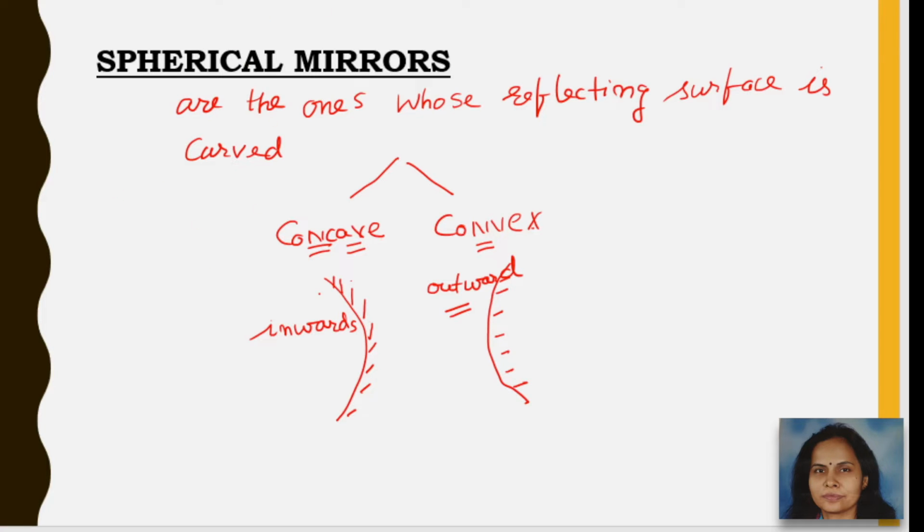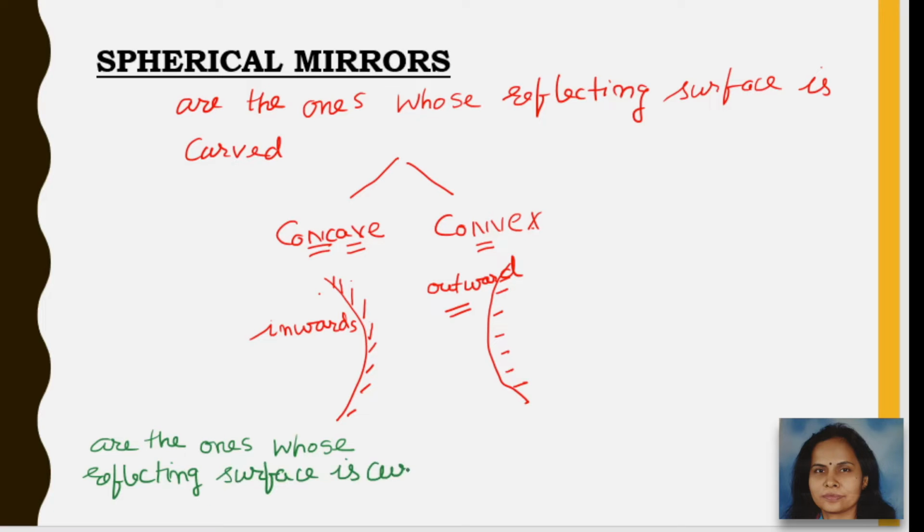So if I want to define concave and convex mirror, I can say concave mirrors are the ones whose reflecting surface is curved inward.